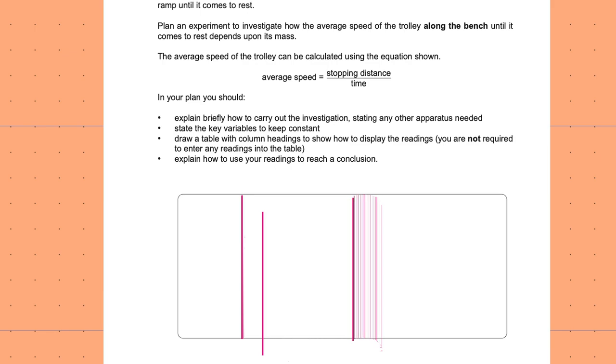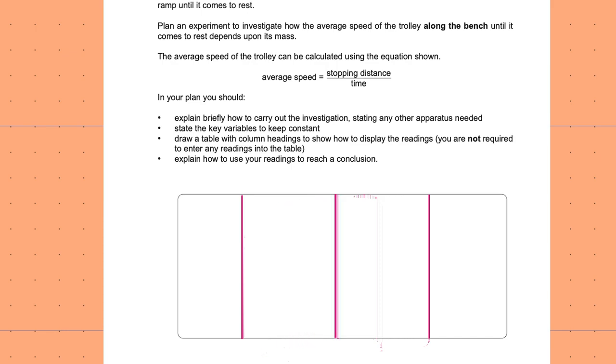Something that you could say, even though it's not really asked here: if you wanted to make this more accurate, you can drop it many times and record multiple times. But it's not required here.